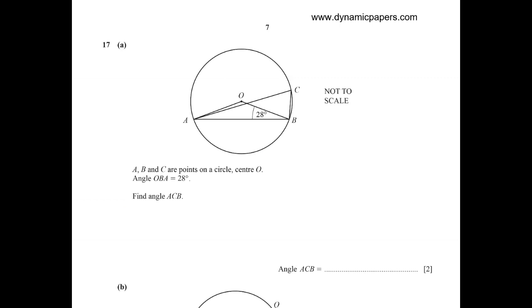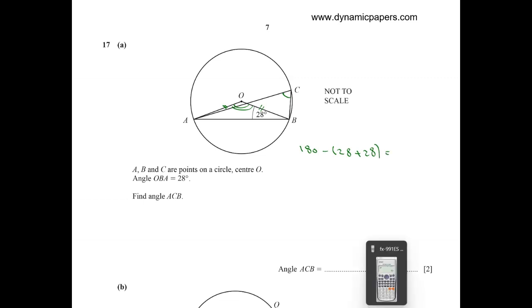Question 17a. Find angle ACB. Measure angle ACB is an inscribed angle. It is half the measure of angle O. Because O is a central angle, we have to measure angle O to find measure angle C. Since OB and OA are 2 radii, this triangle is an isosceles triangle. To find the measure of angle O, we have to subtract 180 minus (28 plus 28).